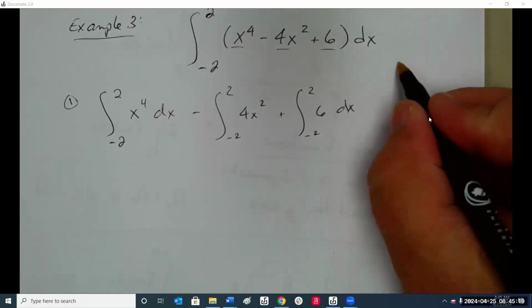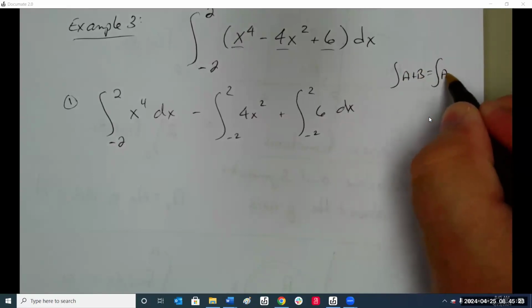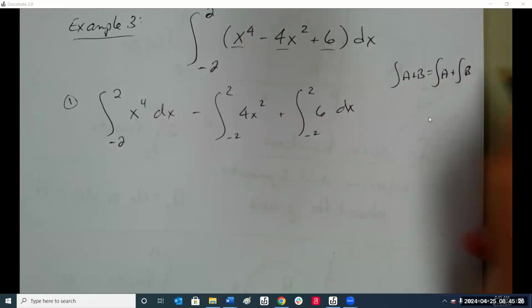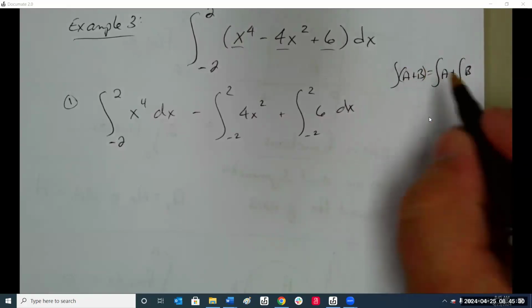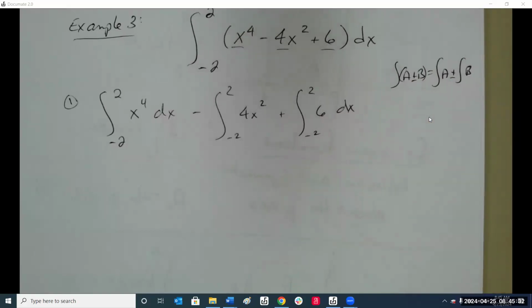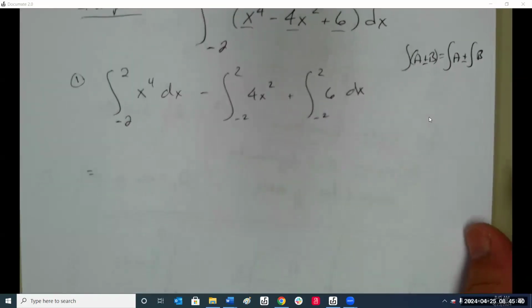That's one of our properties. If you have an addition or subtraction, you can separate those individually. So what's the integral of the first one?